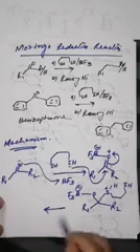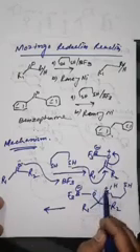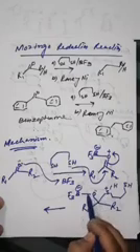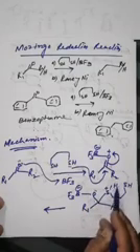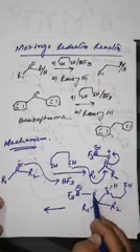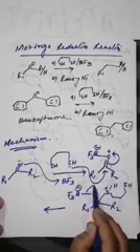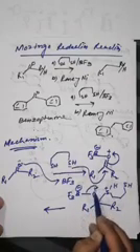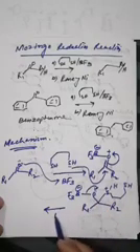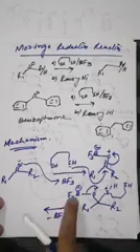Now what happens next? There is the migration of this hydrogen from sulfur to this oxygen. How? When this pair of electrons moves over here, oxygen will get a negative charge. BF3, because it acts as a catalyst, will leave as BF3.